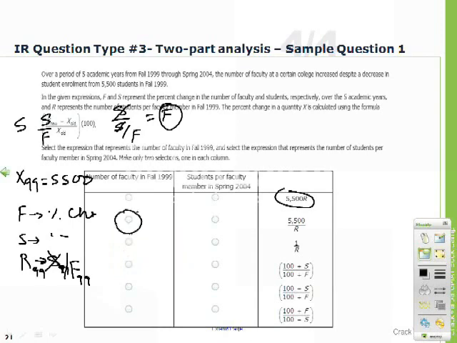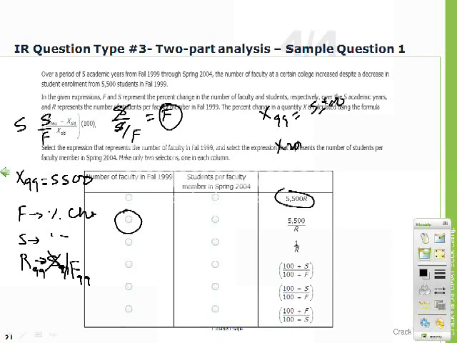So the first one is this. Still, you haven't got the caselet right. You need to find out the second answer as well, and only if you have both answers will it be marked. Second one: students per faculty member in spring 2004. Now you have to use the percentage change formula. I know that X99 is 5500.